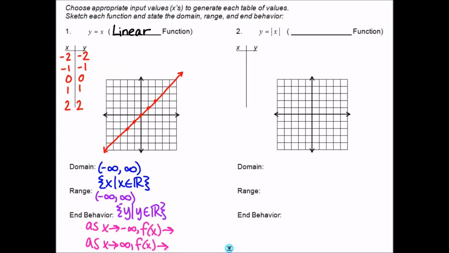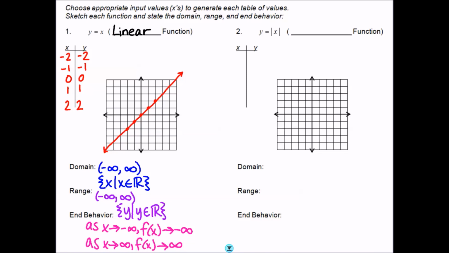So if we look at this graph, this first statement says as x approaches negative infinity, which means the left side of the graph, that is going down, so it's approaching negative infinity. The second statement says as x approaches positive infinity, so we're talking about the right side of the graph. That arrow is pointing up, so it is going toward positive infinity.